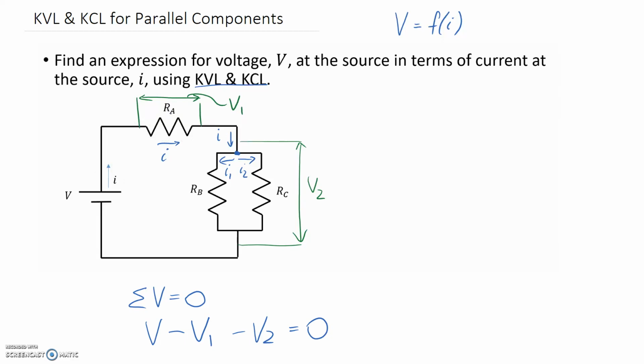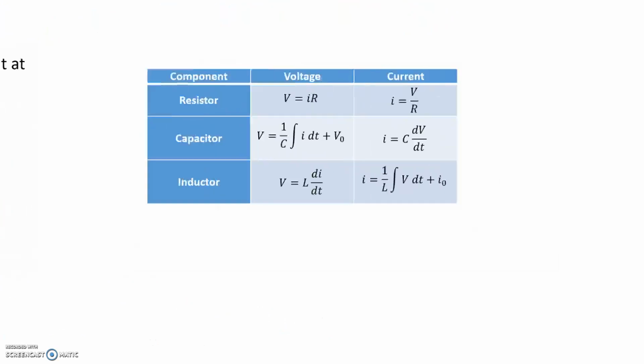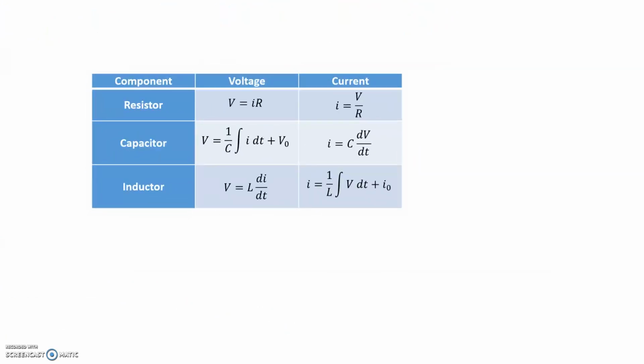Just before we get to that though, we can deal with this one here because that one's pretty easy. We already know the current through it in terms of I, which is what we wanted. So we're looking at resistors here, and we want to know the voltage drop across the resistor because that's what's in the equation. So I've made a little bit of a cheat table over here, which provides you with the voltage and current expressions for each of your different components, resistor, capacitor, and inductor.